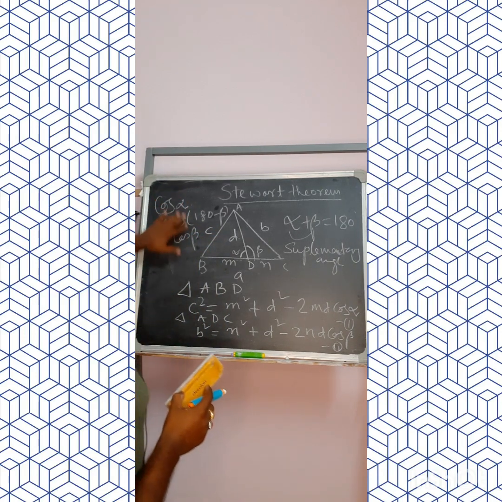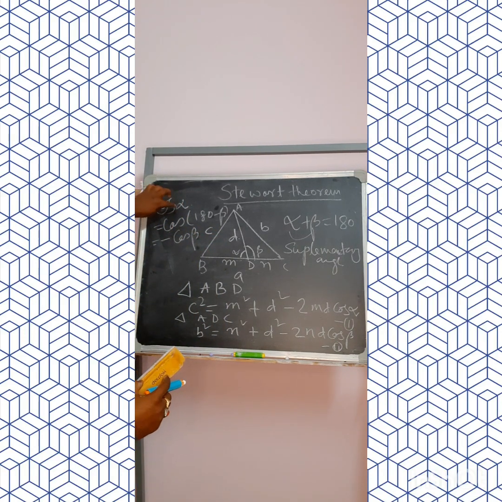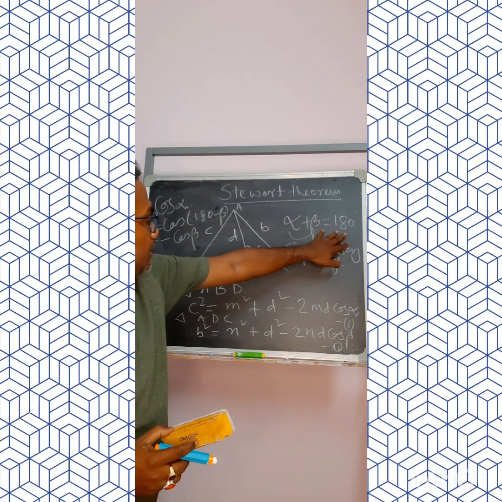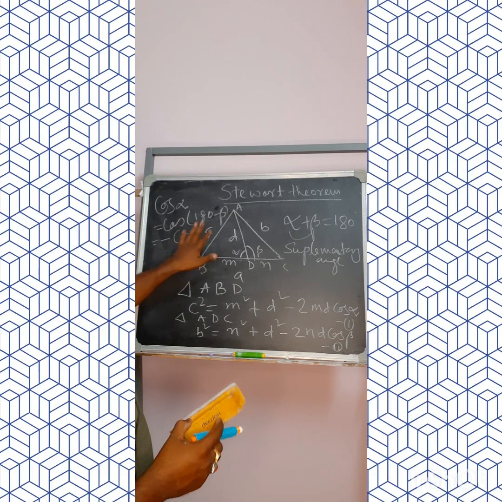That can be proved, but here you just remember that cos alpha is replaced by cos of 180 degrees minus beta, which gives minus cos beta.